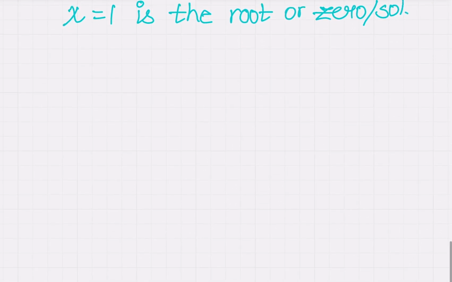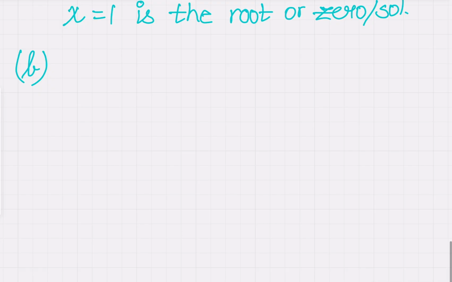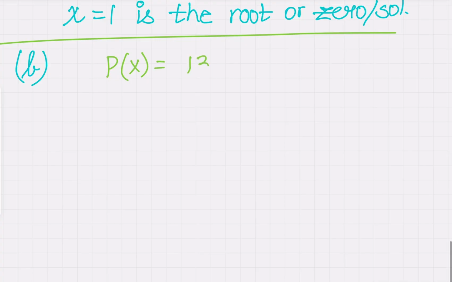So let us take another example about the same thing, about roots of the polynomial. Let us say we have another polynomial p of x equals 13x minus 13. Just pause the video and think about what could be the root of this polynomial, or what value of x is actually making the polynomial value 0.